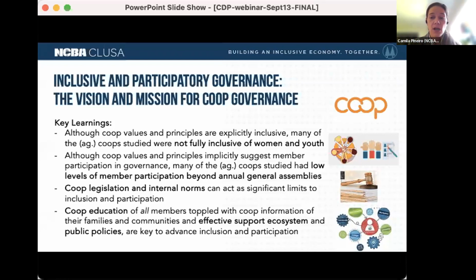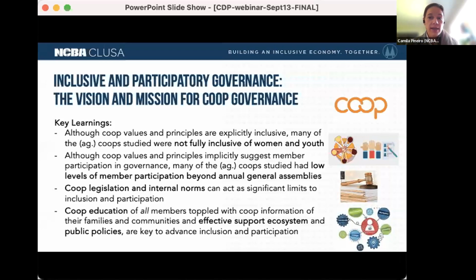We know that's very costly, and that's one of the advantages of having the online cooperative business school. We know it doesn't reach everyone, but what we learned is cooperative education is the stepping stone, no? And also the importance of an effective support ecosystem and public policies, because we cannot charge cooperatives with a societal problem.